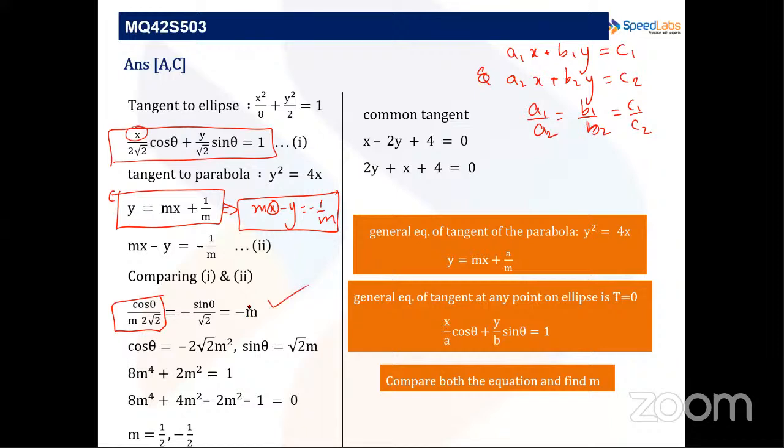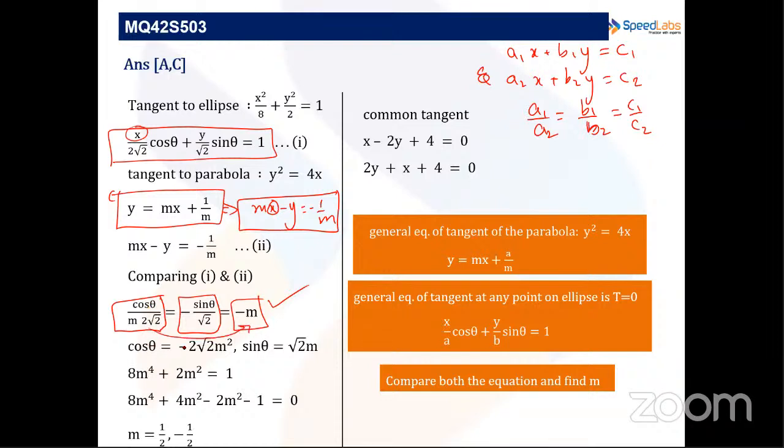Likewise, on comparing, we get cos theta upon 2 root 2 equals minus sin theta upon root 2 equals 1 by m. From this we can find the value of cos theta.